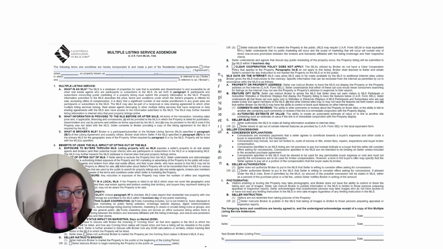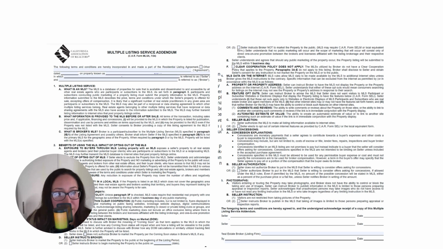I think one of the biggest things that people are really looking at on this form is actually paragraph 5, where it is discussing what are seller concessions. And simply put, it's monetary payments that a seller agrees to contribute towards a buyer's expenses and other costs that a buyer may be responsible for in a transaction.